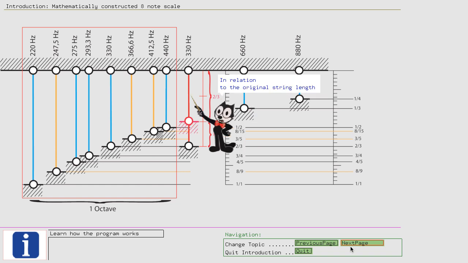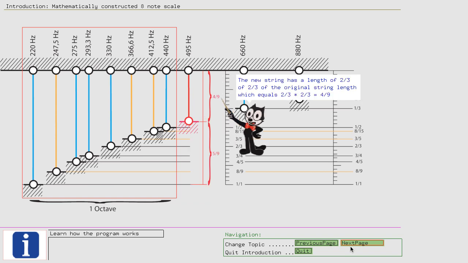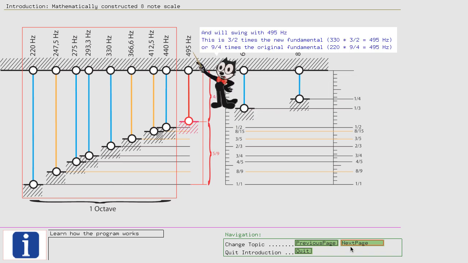In relation to the original string length, the new string has a length of 2/3 of 2/3 of the original string length, which equals 2/3 times 2/3 equals 4/9, and will swing with 495 Hz. This is 3 half times the new fundamental, or 9/4 times the original fundamental.